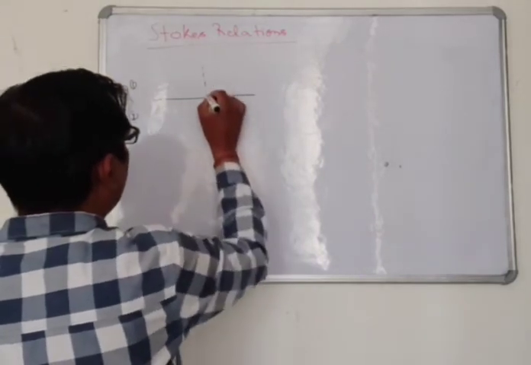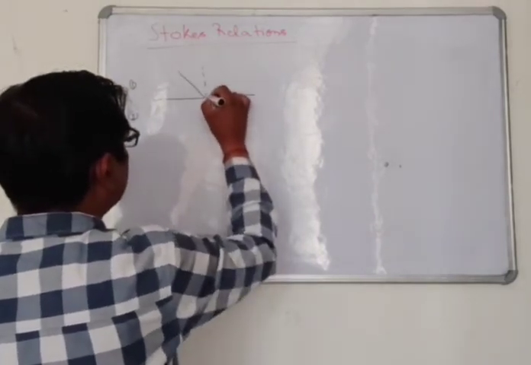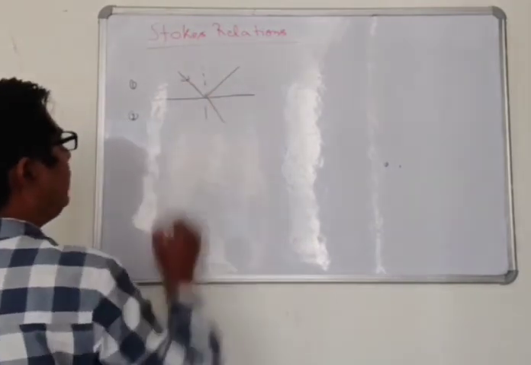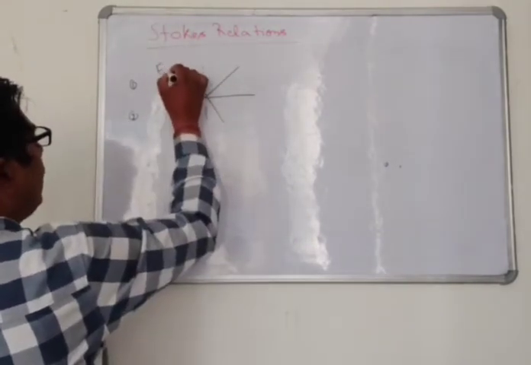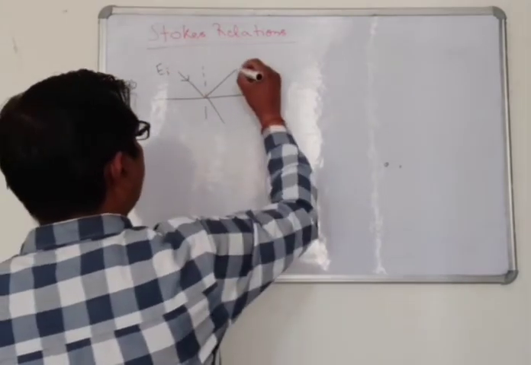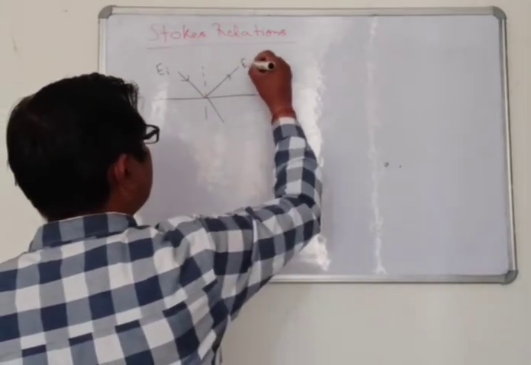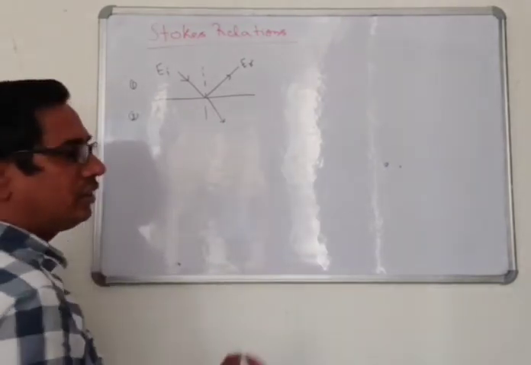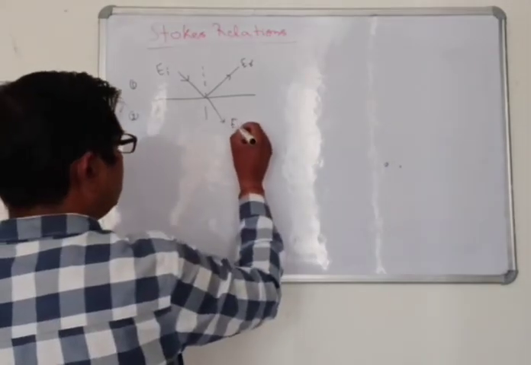Now when light is coming like that, what will happen? This is the incident light, EI. Some part will be reflected and some part will be refracted. You can see the transmitted light like that.